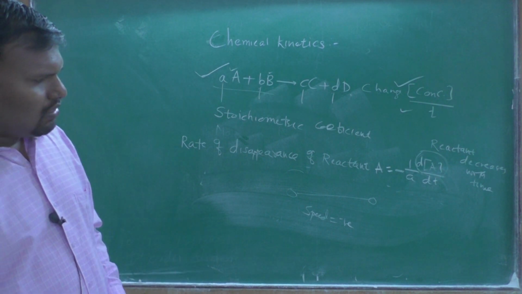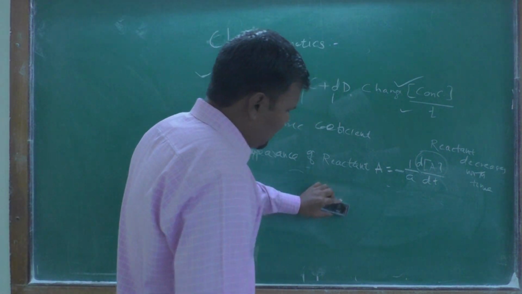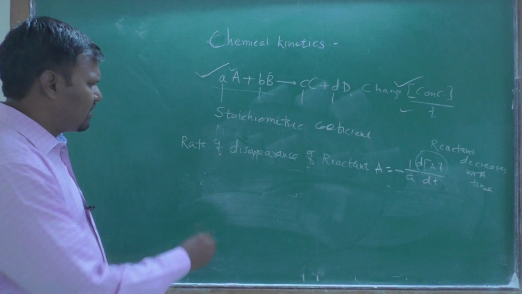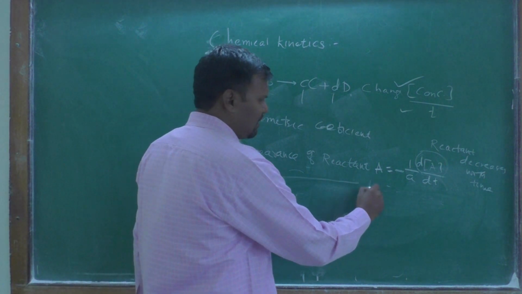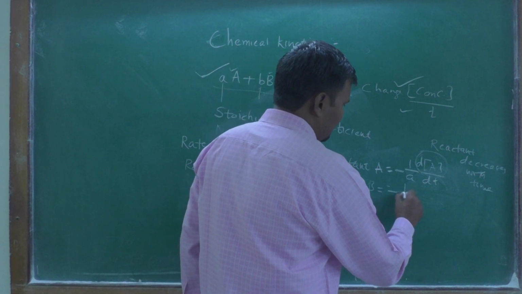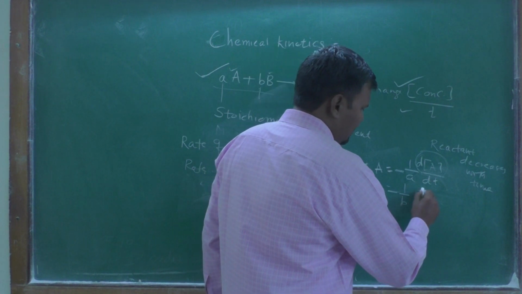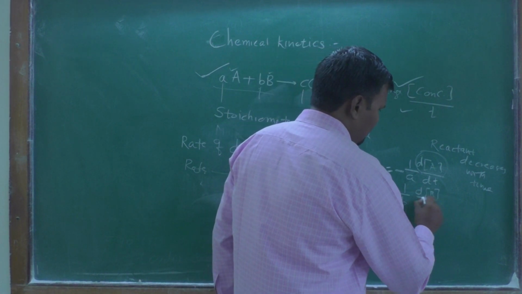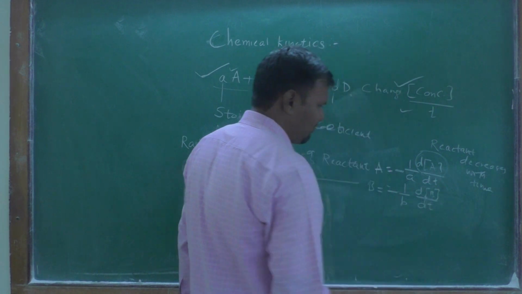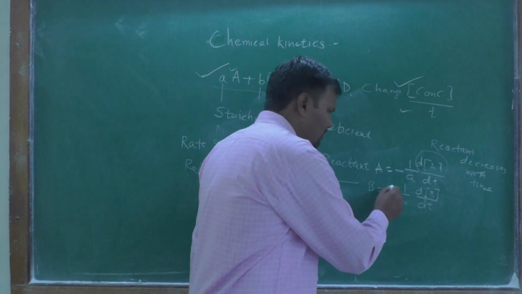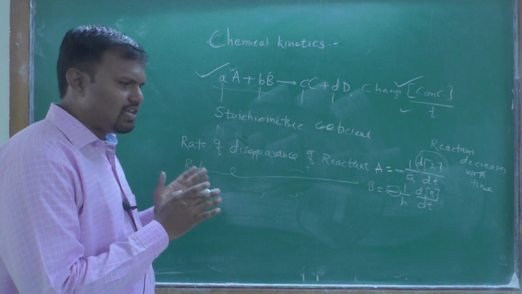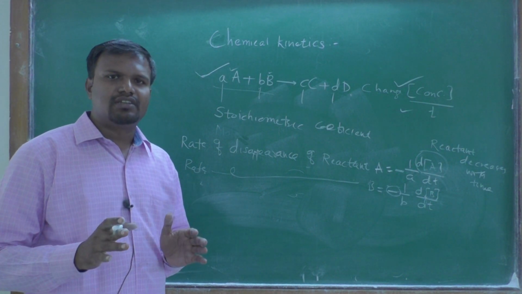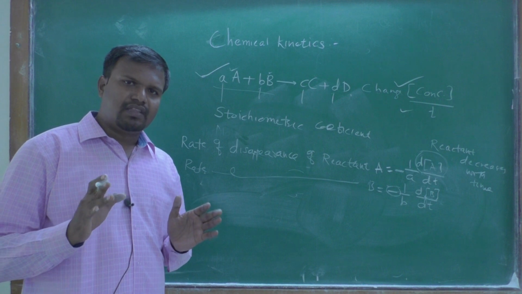The same is applicable for the rate of disappearance of reactant B, which is minus 1 upon b, change in concentration of B with respect to time. It is also negative because the reactant concentration decreases with time.